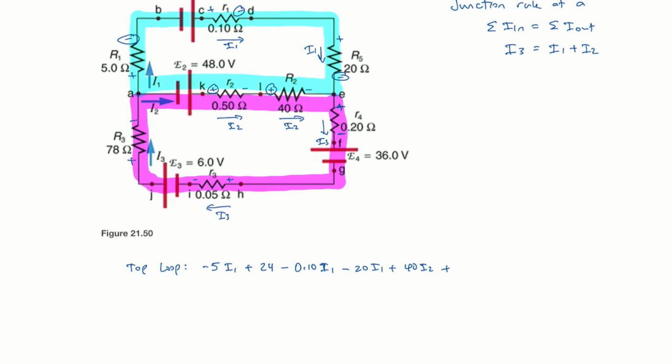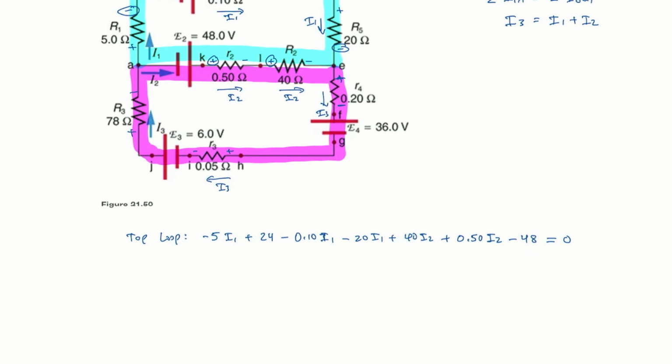So we've got plus 0.5 times I2. Then we have E2. We see the short end, so that's minus the 48 volts. We're back to A. That equals 0.